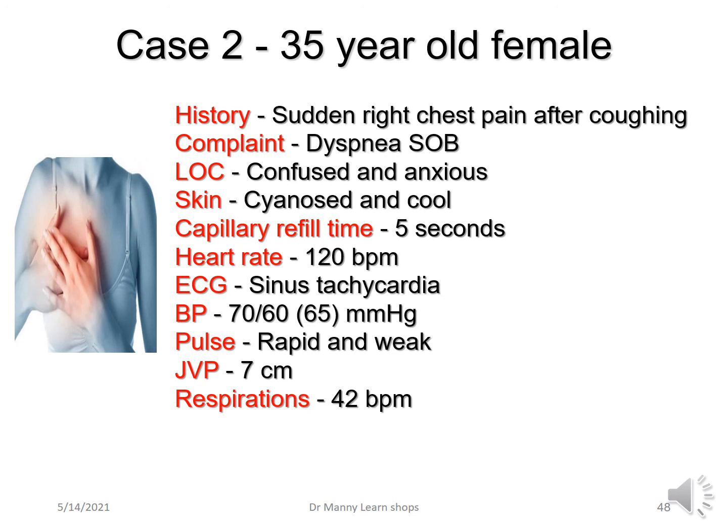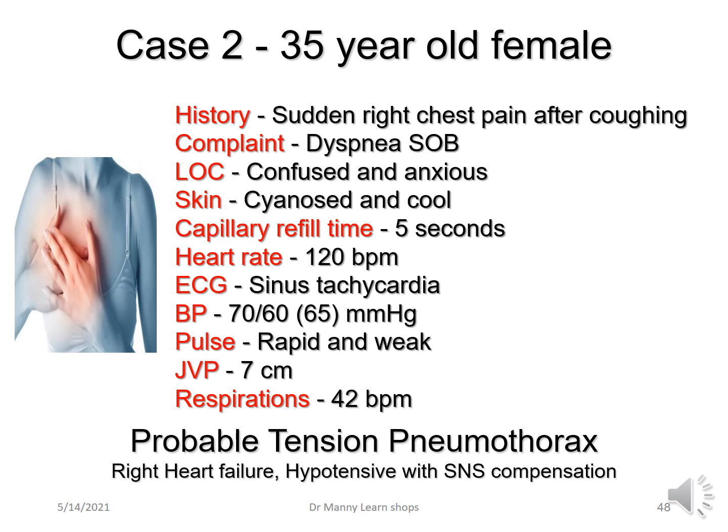Her pulse rate is rapid and feels very weak. Her JVP is 7 centimetres and her respirations are tachypneic at 42 breaths per minute. What could be a probable reason why she's demonstrating all these non-invasive parameters? Well, she probably has developed a tension pneumothorax, indicated by right heart failure. She's hypotensive and she has sympathetic nervous system compensation.